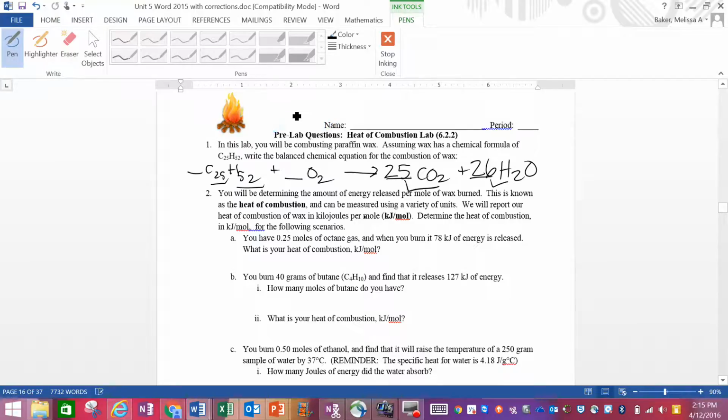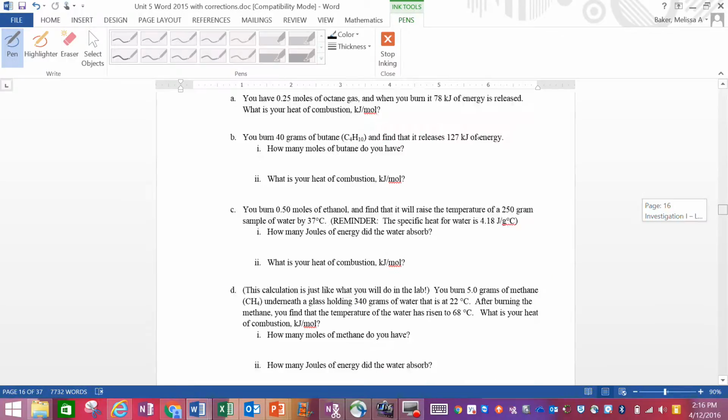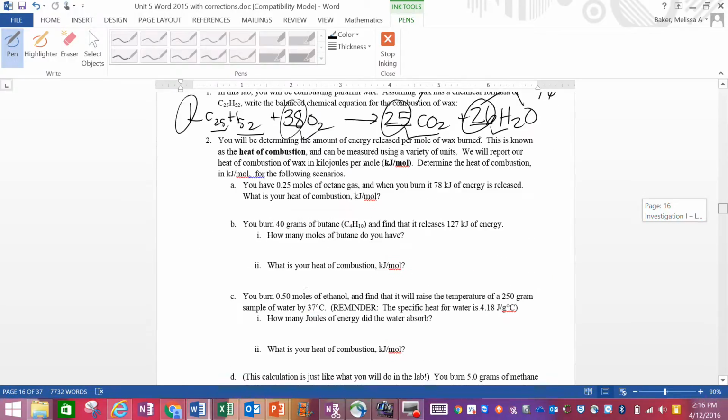Now for the oxygens, we've got 50 oxygens here, plus another 26 oxygens makes 76 oxygens, and half of 76 is 38. So now we've got 76 oxygens on both sides. So the coefficients are 1, 38, 25, and 26. Oops. Going all over the place.